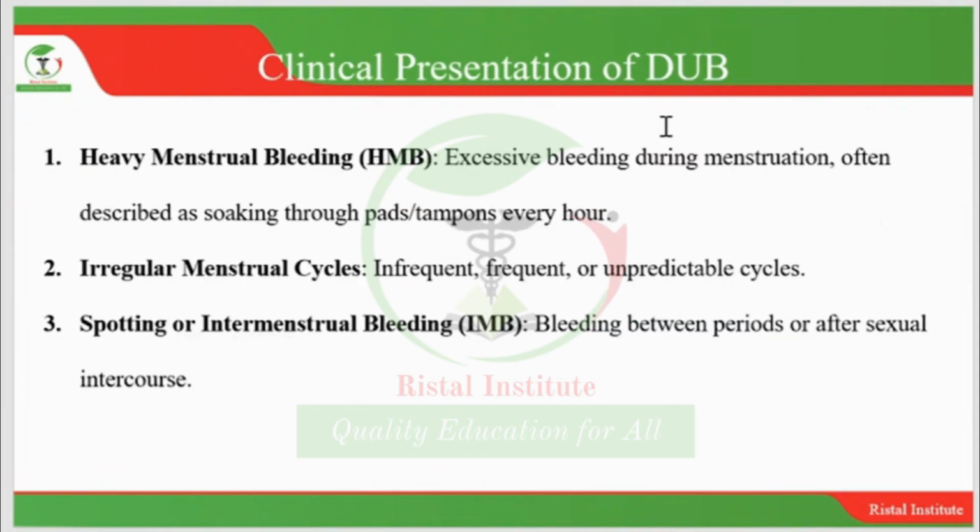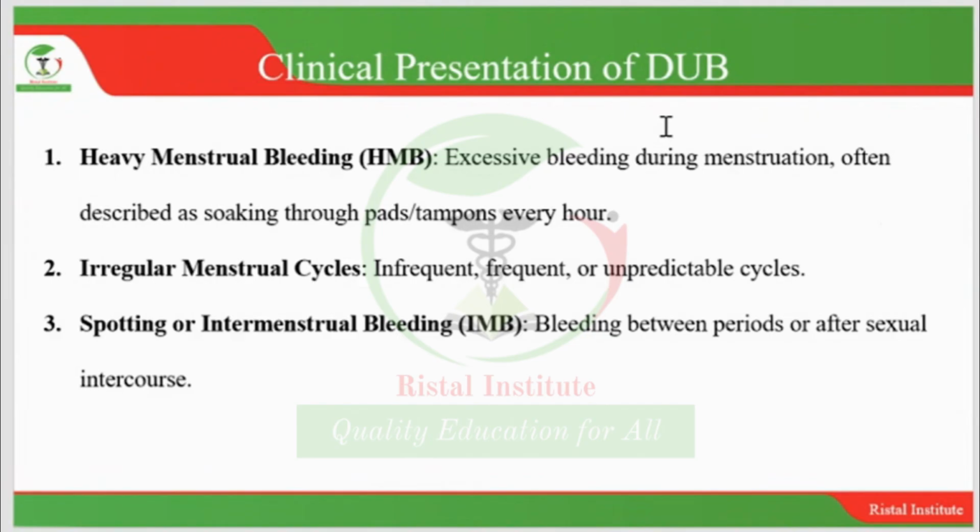Clinical presentation of DUB: heavy menstrual bleeding, excessive bleeding during menstruation, often described as soaking through pads or tampons every hour. So the woman just cleans herself, puts the pad on, and within a short period of time it is full and she needs to change.